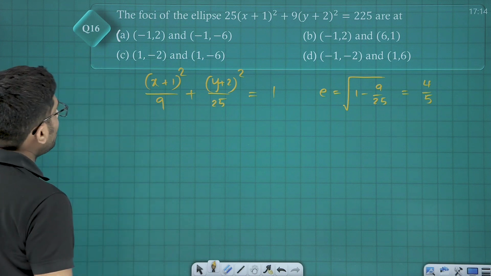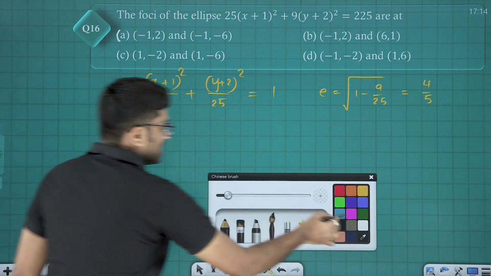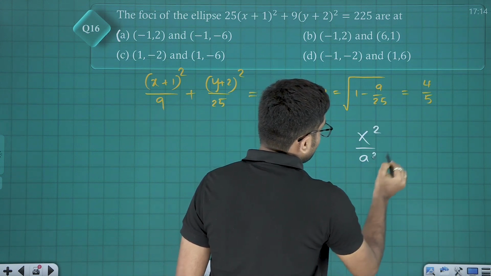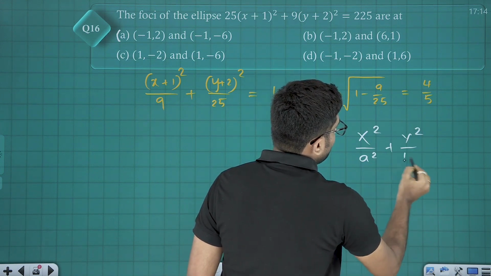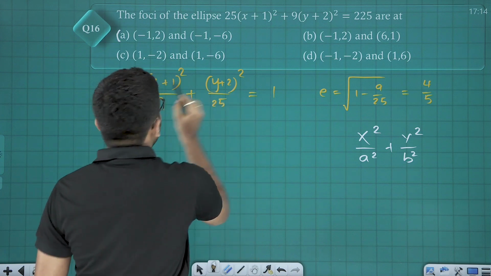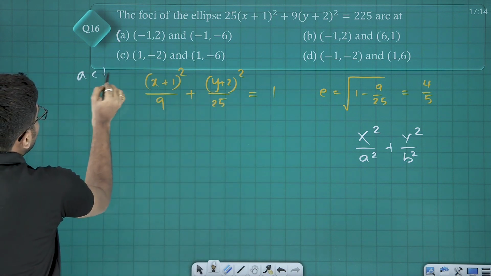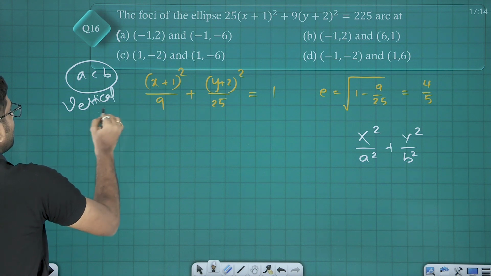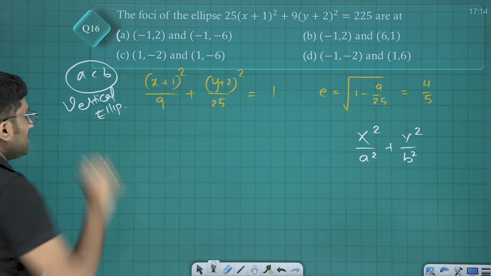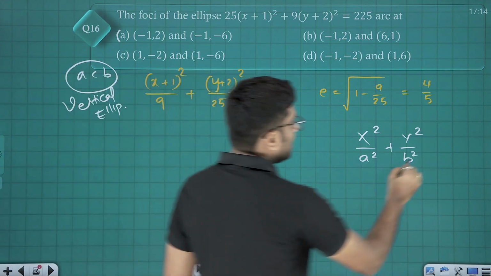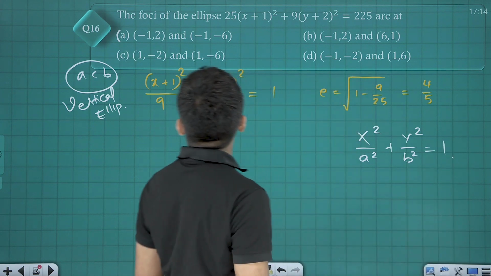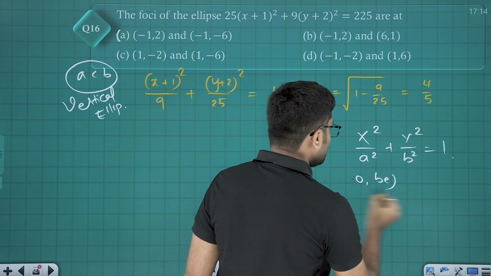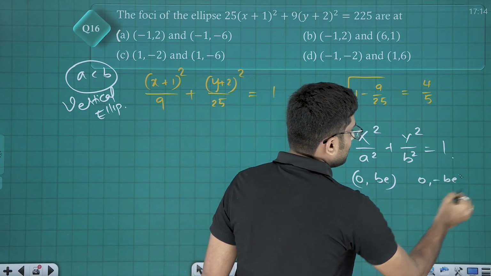Okay. Now, for a standard ellipse, x square by a square plus y square by b square. Clearly, if you observe here, a is less than b, friends. A is less than b, so it is a vertical ellipse. So for a vertical ellipse, what are the foci? The foci are 0 comma be and 0 comma minus be.